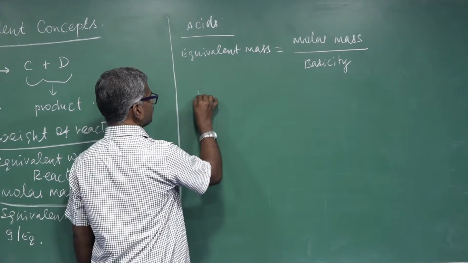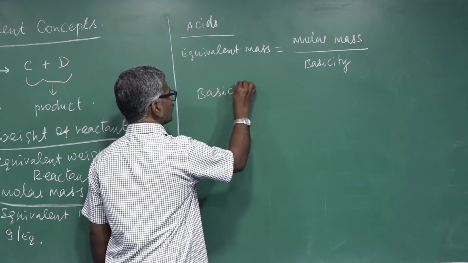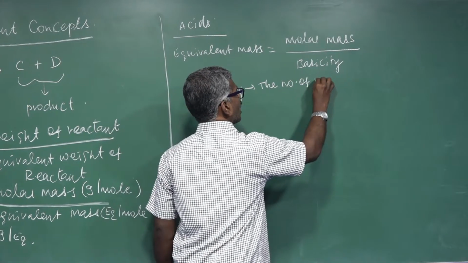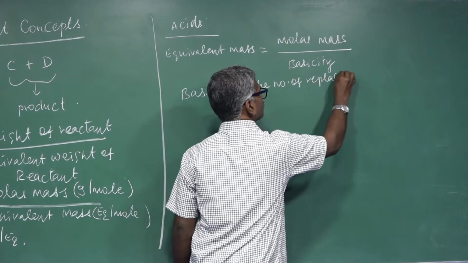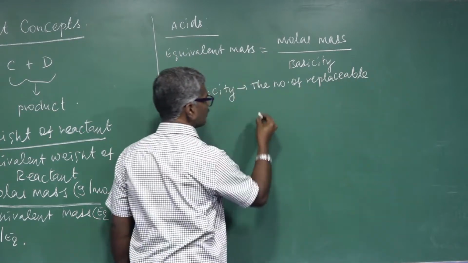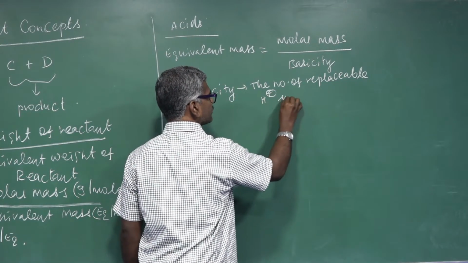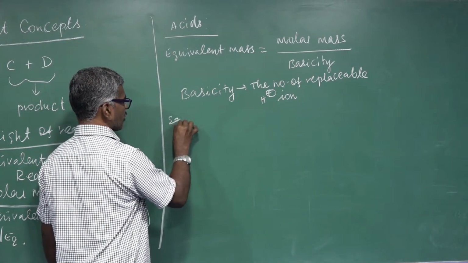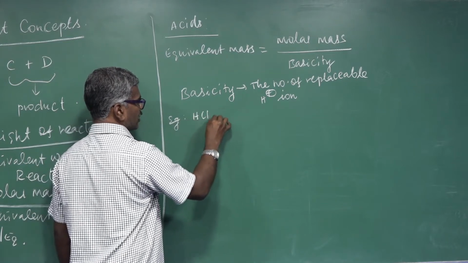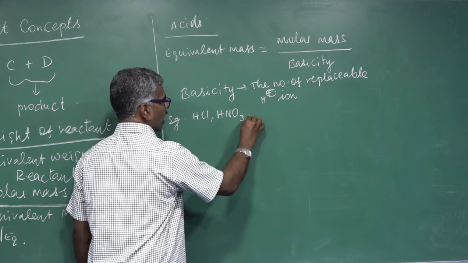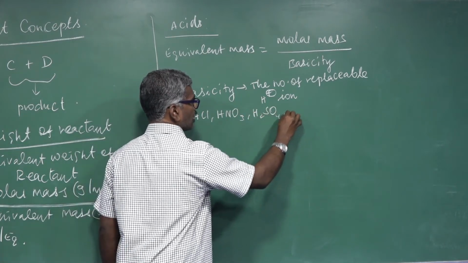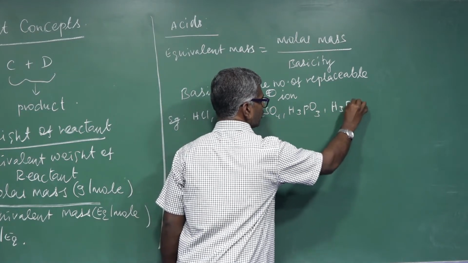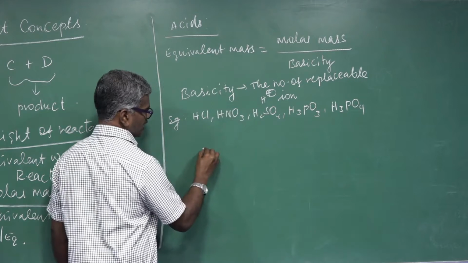Basicity is nothing but the number of replaceable hydrogen ions per molecule. For example, HCl, HNO3, H2SO4, H3PO3, H3PO4. Another one, acetic acid.